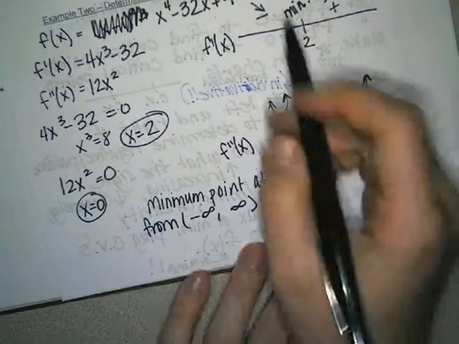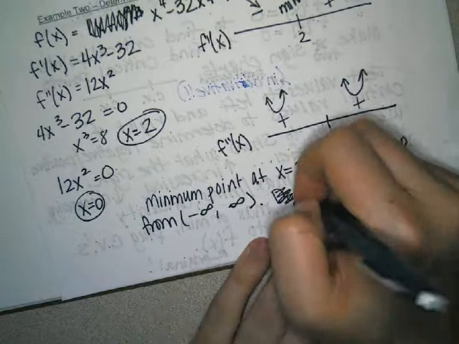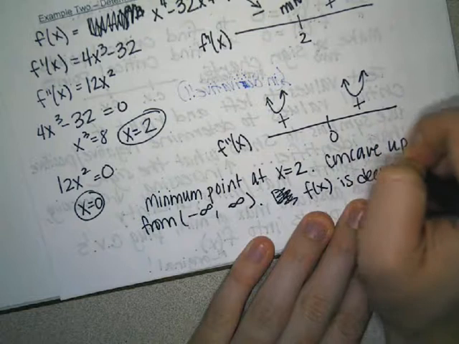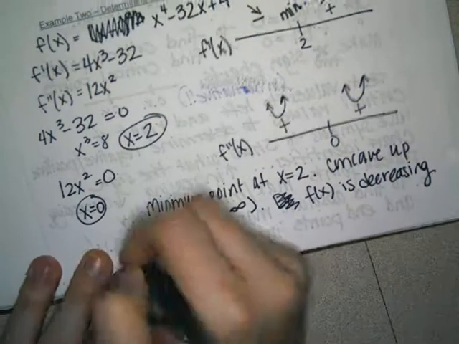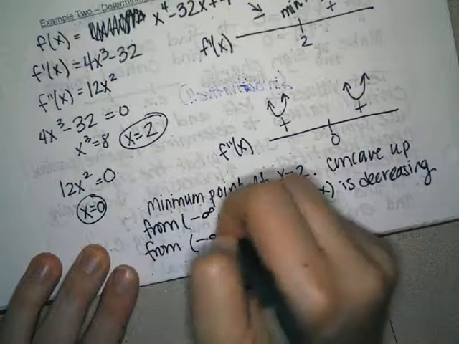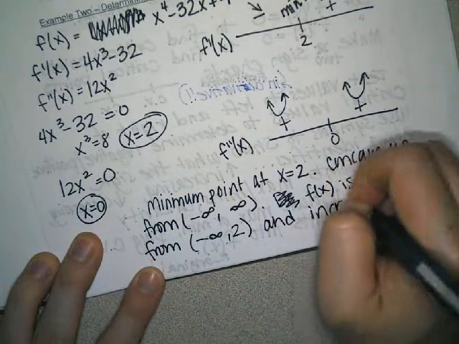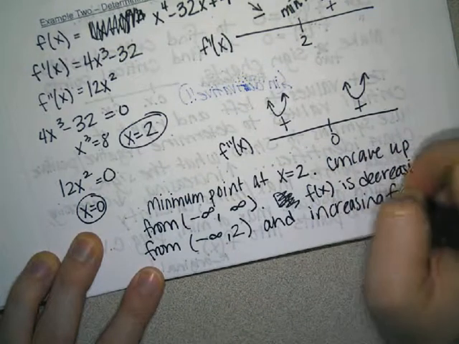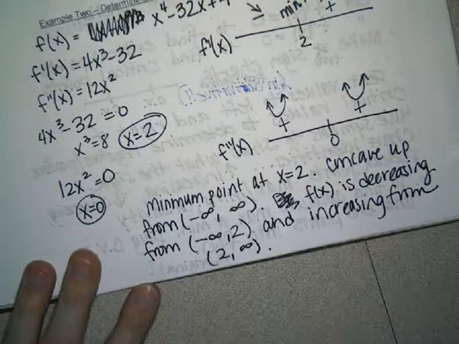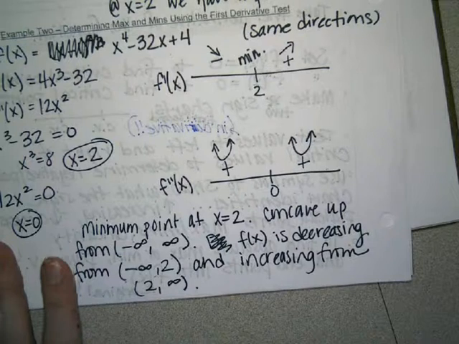And f of x is decreasing from negative infinity to 2 and increasing from 2 to infinity. And that kind of summarizes everything that we see in those sign charts there.